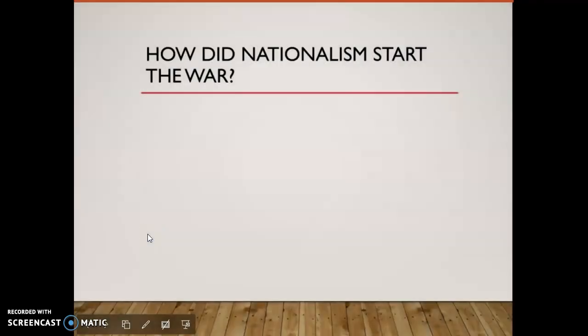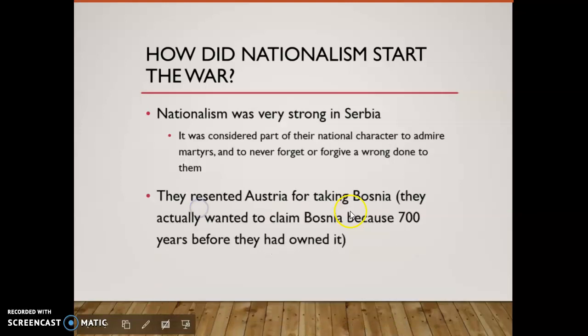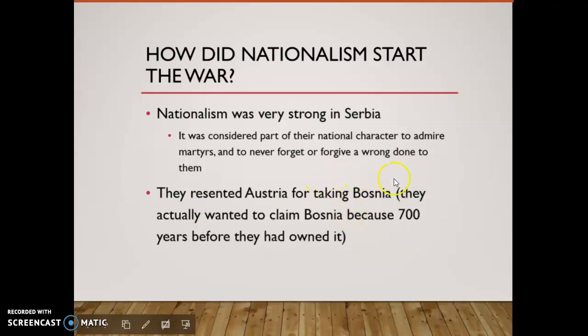So how does nationalism start a war? Well, it was super strong in Serbia. According to anthropologists, it's considered part of the national character of Serbia to admire martyrs and to never forget or forgive a wrong that had been done to them, even if it was 700 years ago. So they resented Austria for taking Bosnia.